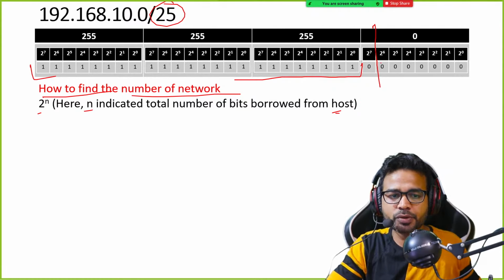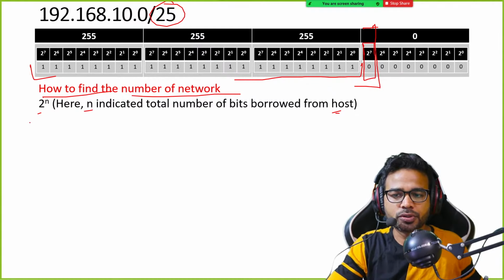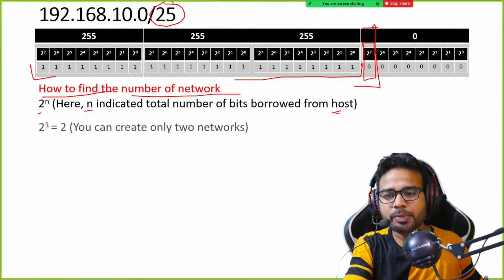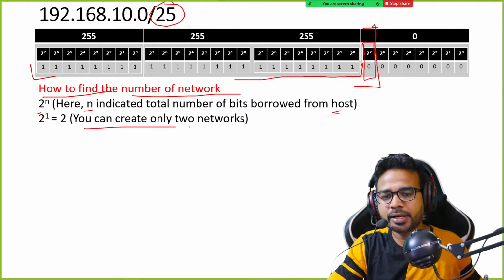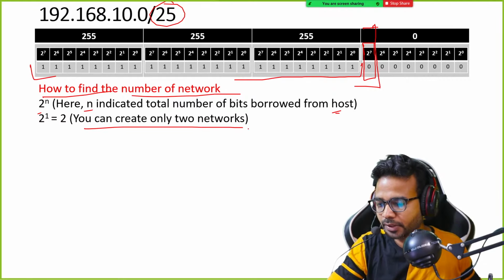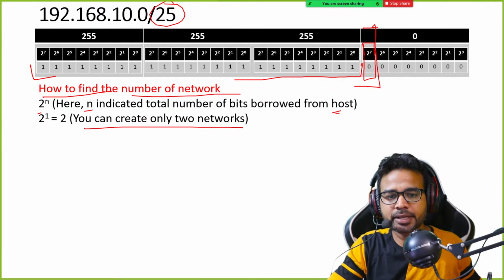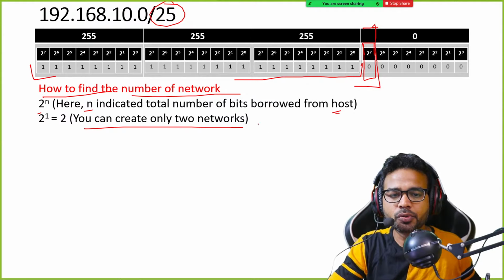How many bits have we borrowed from the host? Only 1 bit. So the answer will be 2 to the power 1, which is equal to 2. It means you can create 2 networks. Got it? After doing the subnetting, you will get only 2 networks.